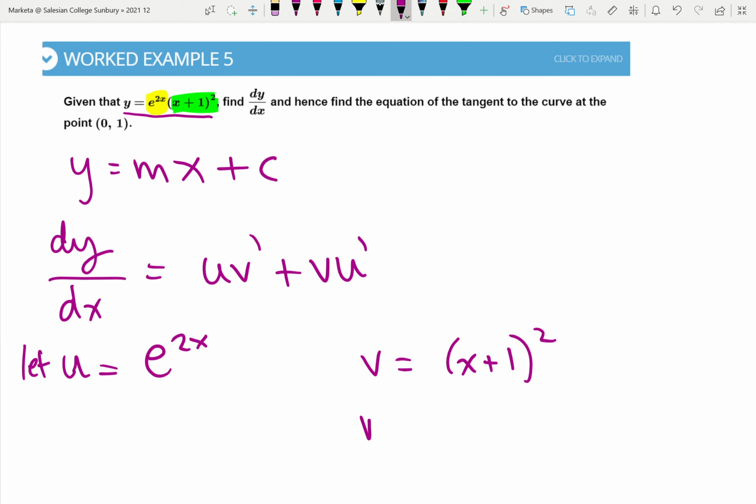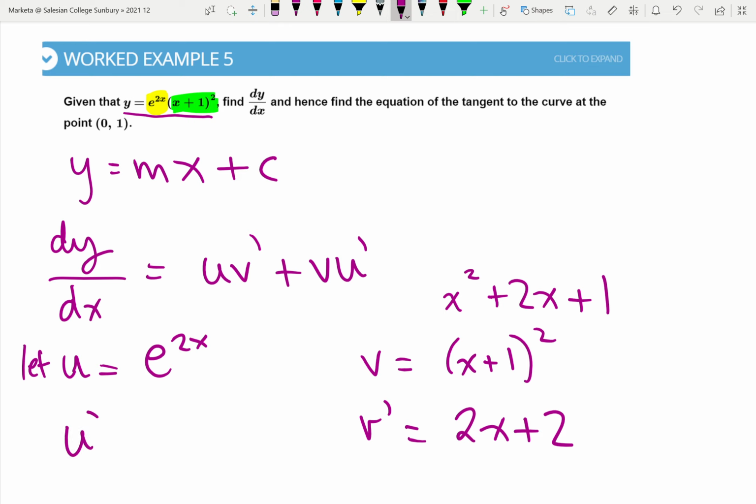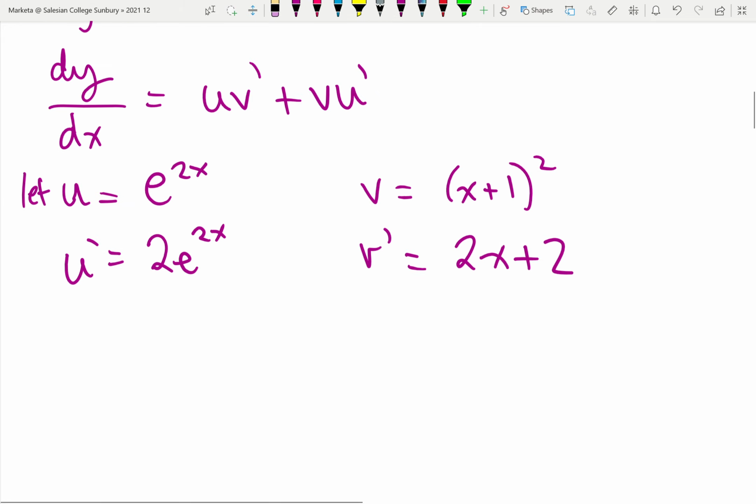And in order to derive v, you're probably good to expand this bracket. So it's a plus b squared, so it's x squared plus 2x plus 1. So the derivative of that would be 2x plus 2. It's quite easy to do like that. And then, of course, the derivative of u would be 2e to the 2x, because e is its own derivative. So let's apply the product rule.